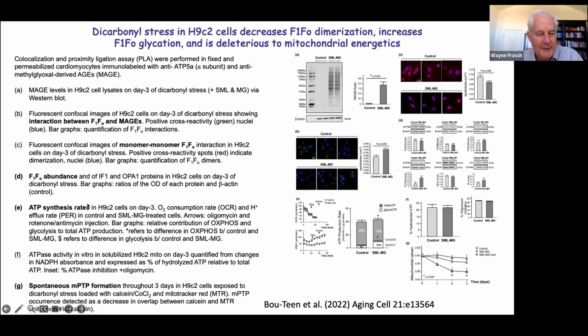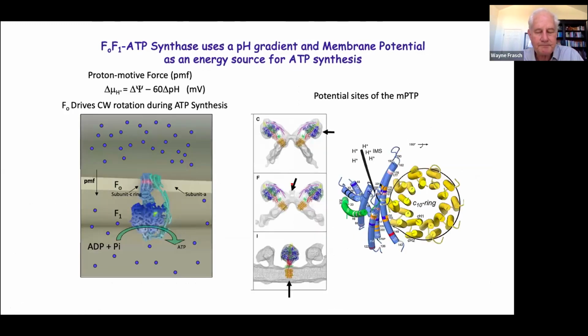And then ultimately the ATP synthase rates went down, OXPHOS went down, ROS went up, and ultimately he was able to measure the MPTP formation as a result of the increase in calcium that he also followed in these cells.